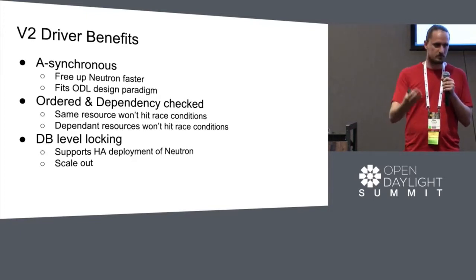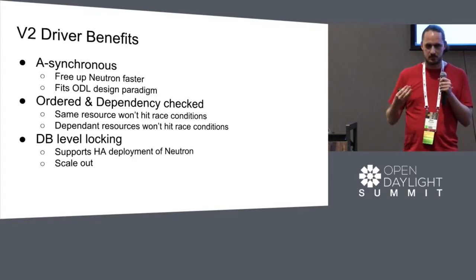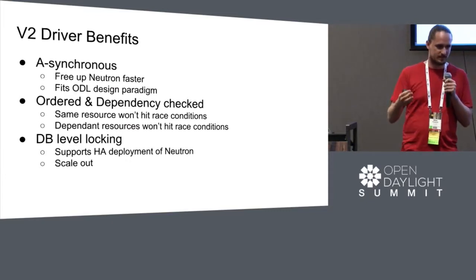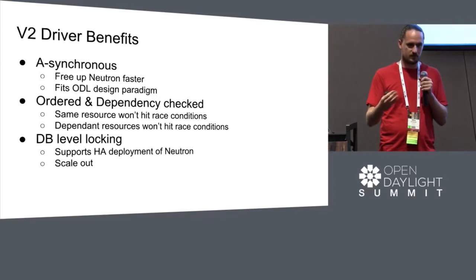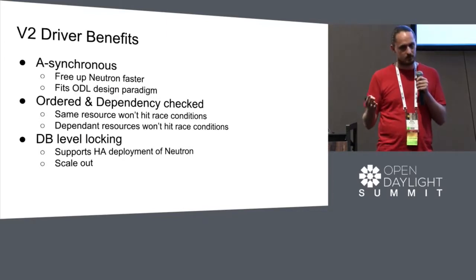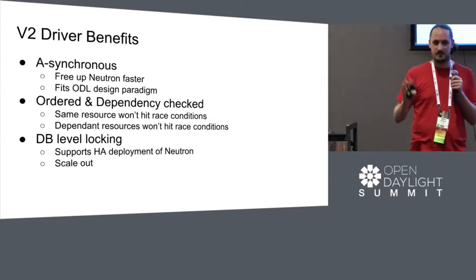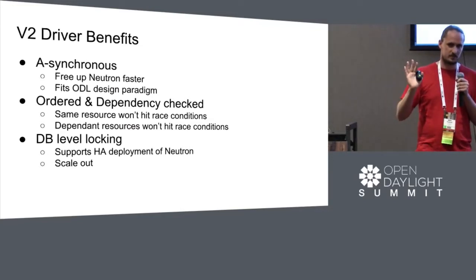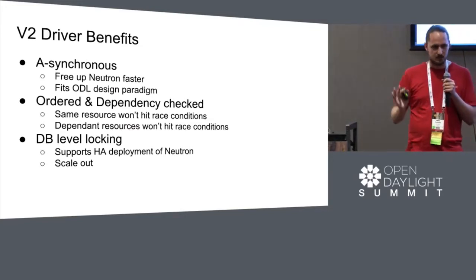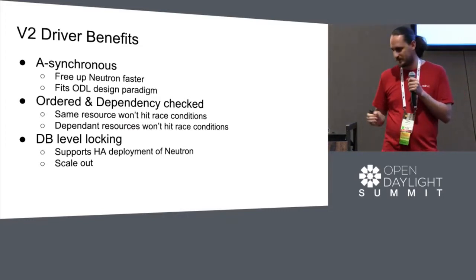If you perform an API call on OpenDaylight on the Neutron interface, when you get HTTP OK, it doesn't mean that the network was created or the port was created. It just means OpenDaylight is saying, OK, I got your intention. I'm going to handle it, right?